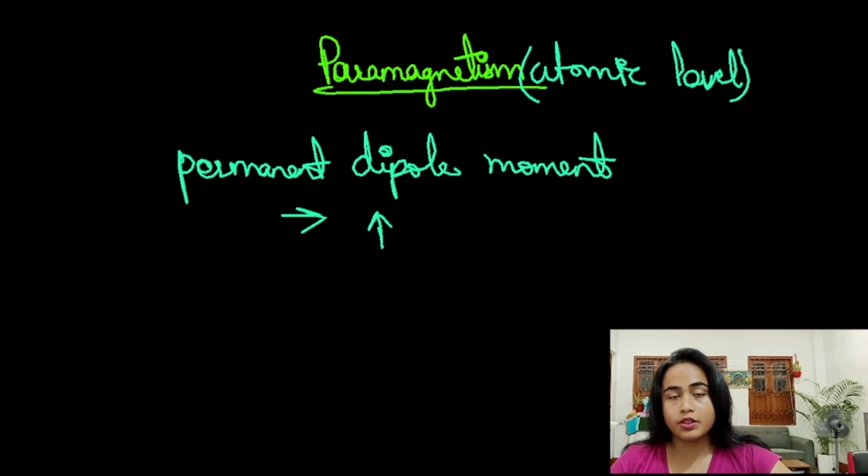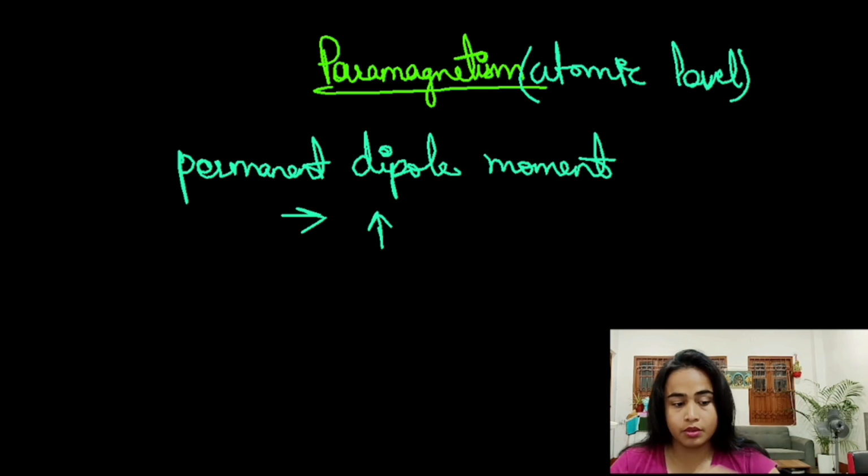The concept of permanent dipole moment is seen when you are taking atoms whose outermost shells have a valence electron. It's something to do with your valence electron.